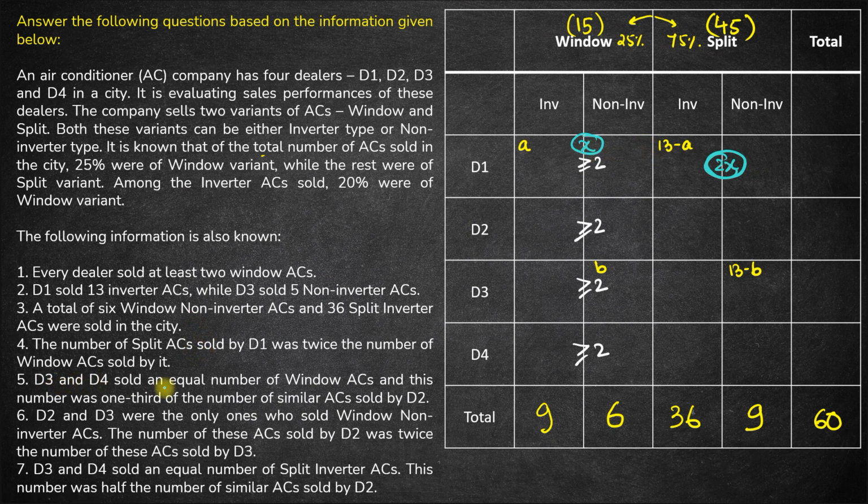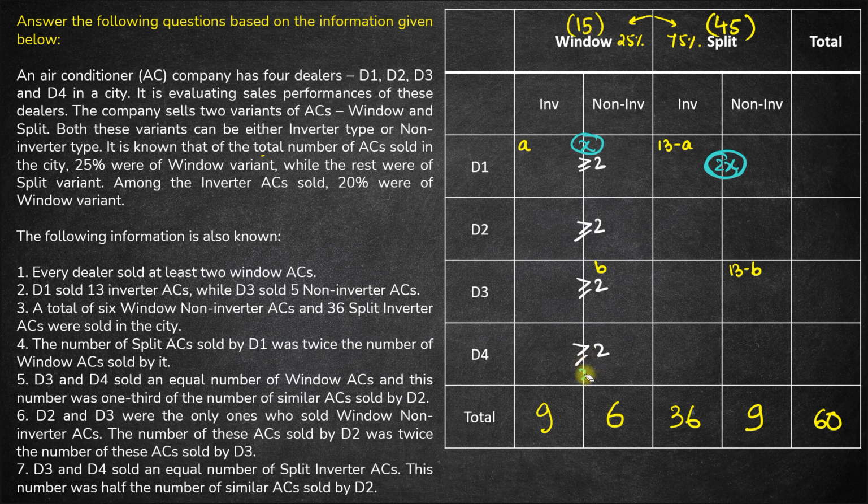Next, D3 and D4 sold an equal number of window ACs, and this number was 1/3 of the number of similar ACs sold by D2. So for D3 and D4 we are talking about window ACs, meaning this whole inverter and non-inverter type together. So D3 and D4 sold an equal number of window ACs.